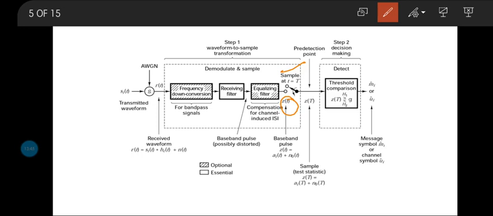Based upon this, in the second step of decision making, the decision is made regarding the digital meaning of that particular sample.